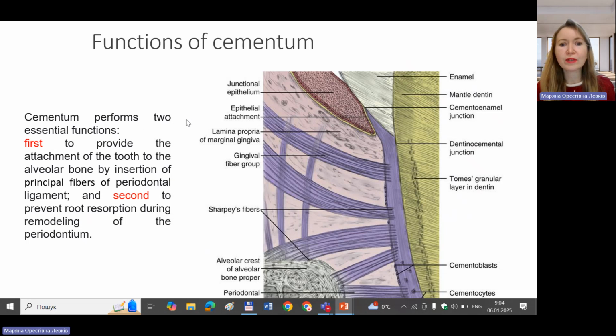Cementum performs two essential functions. First, it provides the attachment of the tooth to the alveolar bone by insertion of principal fibers of the periodontal ligament, and second, it prevents root resorption during remodeling of the periodontium.